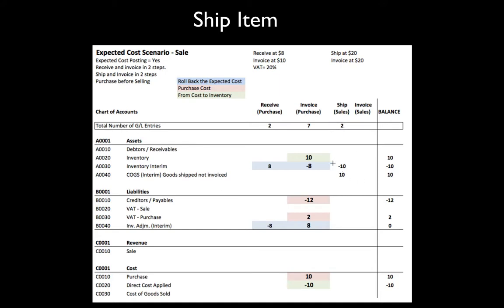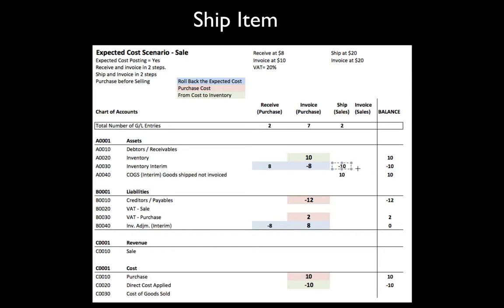So the first one, if you think about it, when you ship an item, your inventory is decreased by the value of that item. But Navision doesn't post that to the actual inventory account. It posts this reduction to an interim inventory account. So the reduction is posted here.